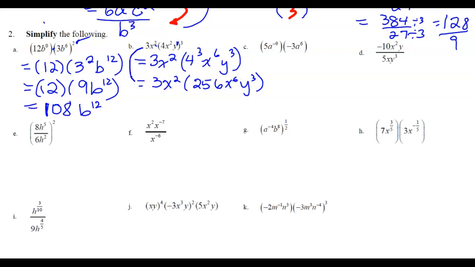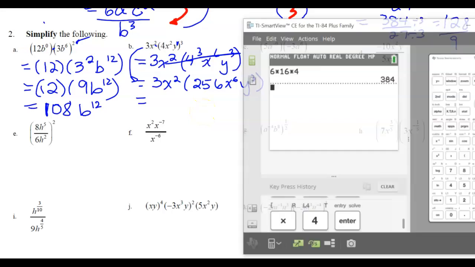If this is in written response on your test next week or your quiz or whatever, you for sure need to show some work. You don't have to show this step here, but certainly one or the other you have to show, right? Typically, maybe you show the 256 right away, but one or the other. And so 256 times 3.